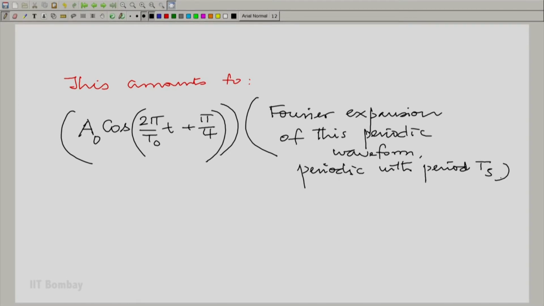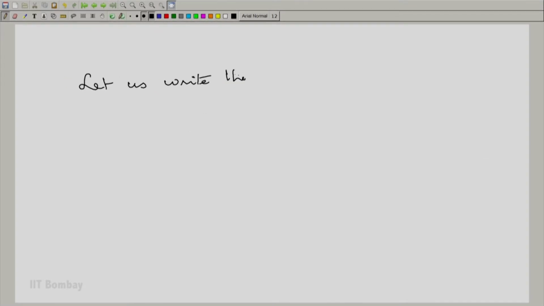The waveform is periodic with period Ts, you can see that. We worked out the Fourier expansion of this periodic waveform in session 8 and we started taking limits. And now what we shall do is to write the Fourier expansion directly, recognizing that we are talking about impulses.